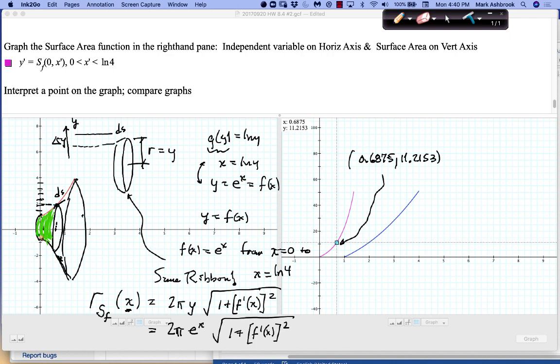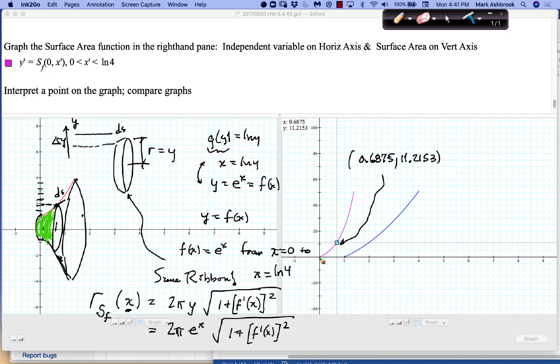So up until x equals 0.6875, we've generated 11.2153 units of surface area of the whole funnel or the whole bell. Okay, so are these right? So what's going on here? So x varies from 0 to ln of 4. And while that happens, y could vary from 1 up to 4.